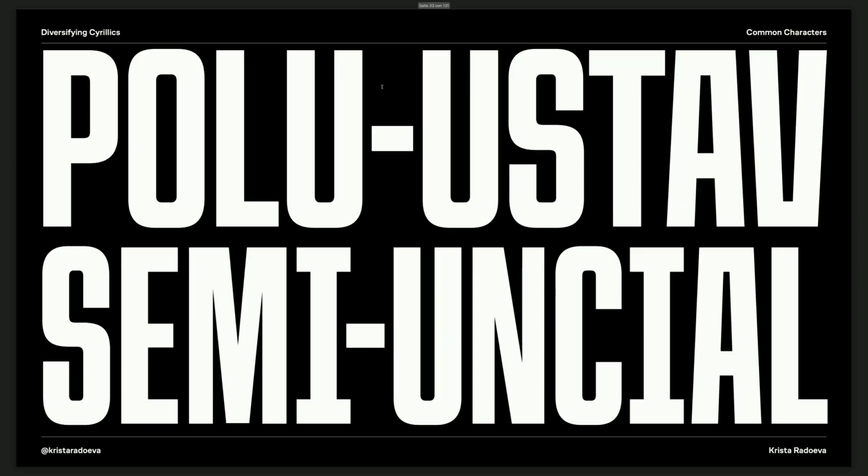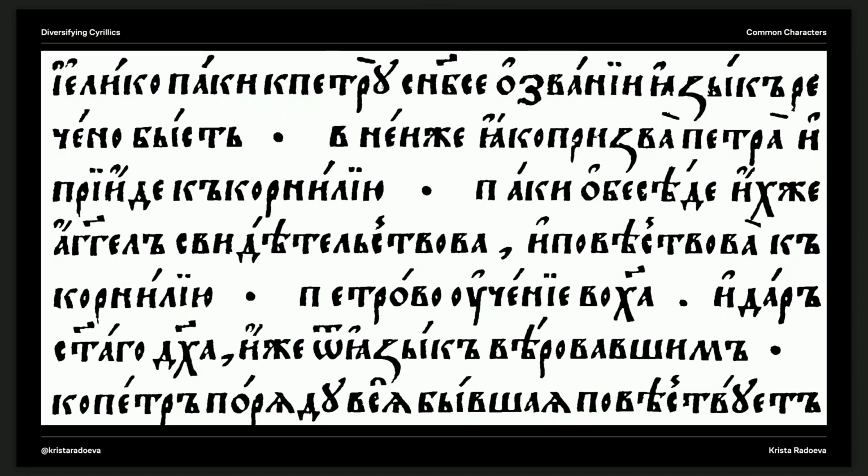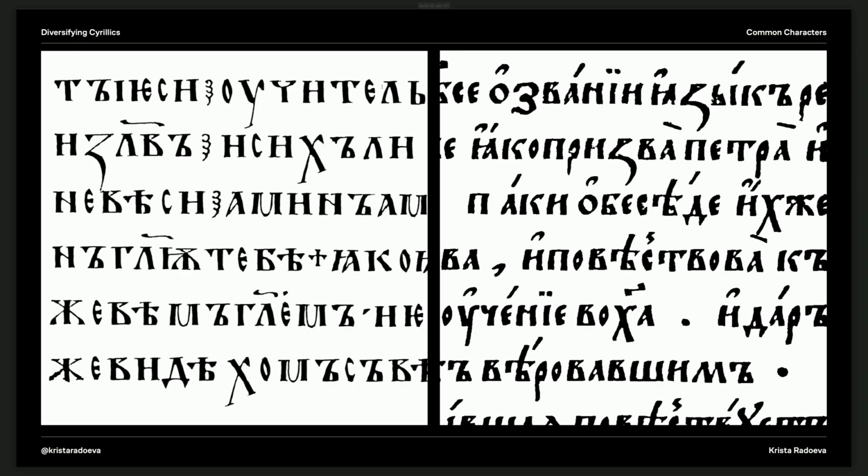And then comes the poluustav, when the script starts to be used by many more people, not just a few monks in a few monasteries. The poluustav becomes more popular.